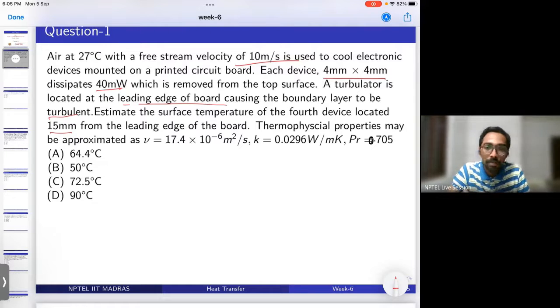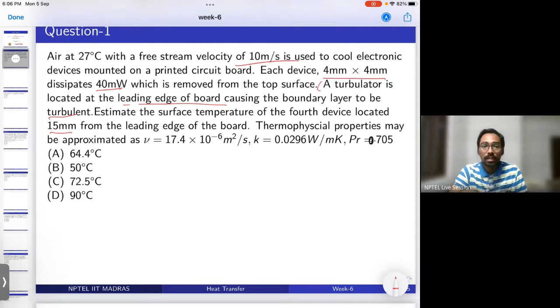So actually what happens is, in a normal condition, first up to the critical length the boundary layer will be laminar, then a transition happens. But in this case, it is clearly mentioned that we can make the flow turbulent at the leading edge itself by using some techniques, like tripping the boundary layer.